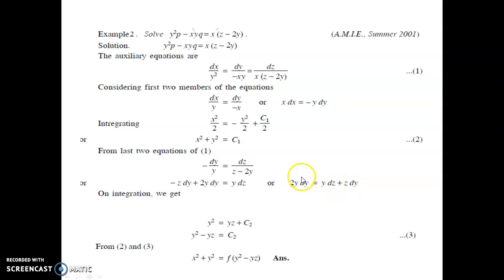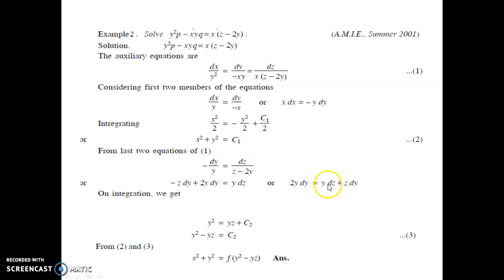If you integrate this, you get y square by 2, and here if you integrate, you consider y as a constant? No, here y will not be considered as a constant, because some students will write yz and here write zy, so that integration will be wrong. So note this fact. In fact, you have to write in product form.